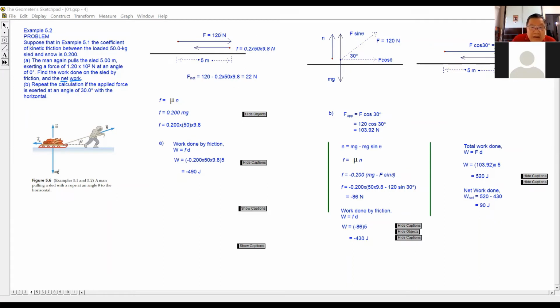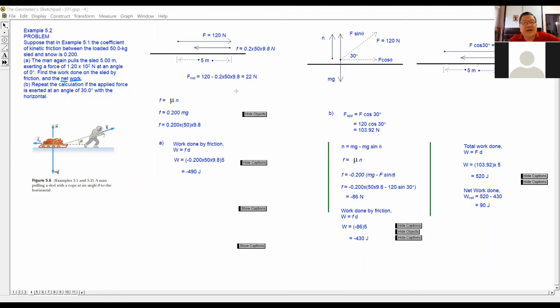It is less than the applied force. So when the applied force is more than the frictional force, there will be a net force, the excess, the difference between the applied force and the frictional force. So this excess, we call it the net force.